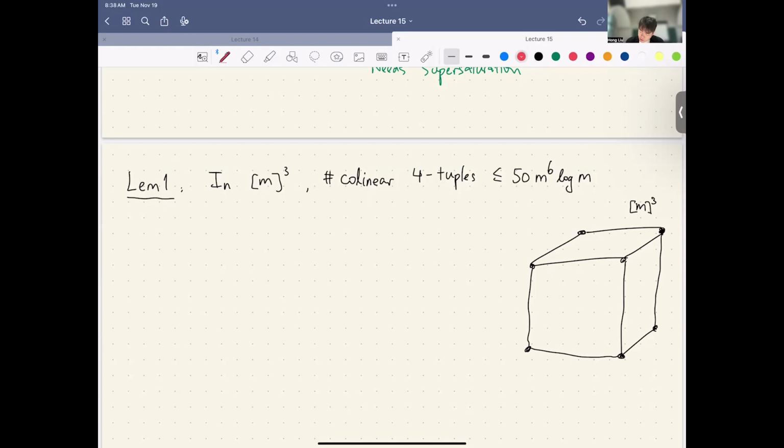There are some lines going through, right? The lines will have going through some points in this cube. For each line, let's give some definition.